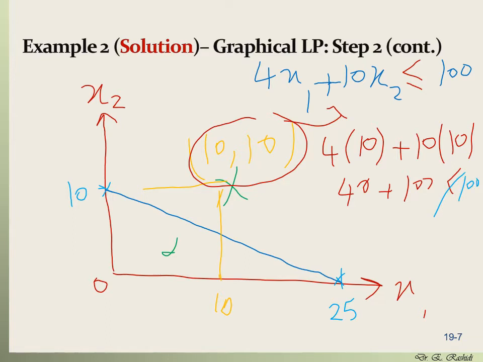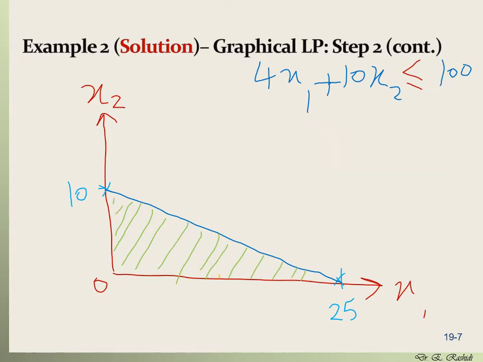So this means that this point is not in the feasible space. So this side must be our feasible space. This is our feasible space. So this is our first inequality, 4x1 plus 10x2 less than or equal to 100.